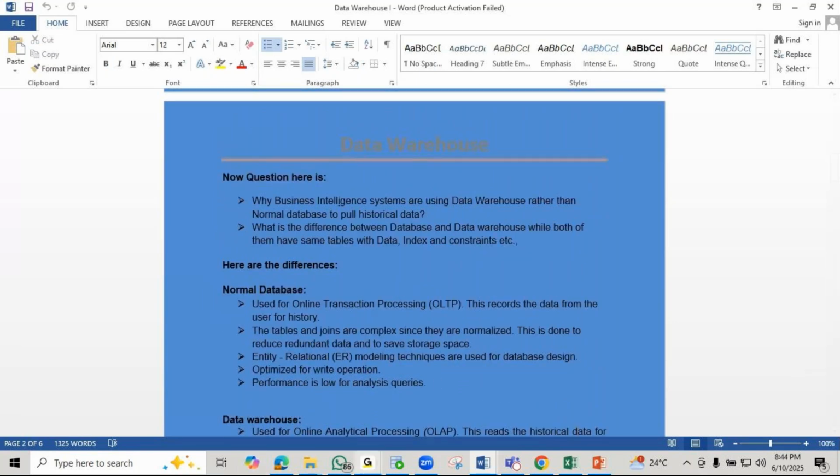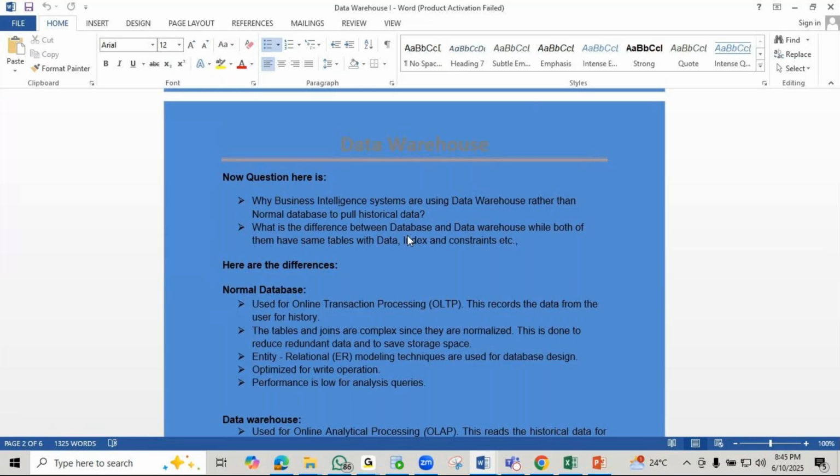Why are business intelligence teams using a data warehouse rather than the normal database to pull historical data? What is the difference between a database and a data warehouse, while both have the same tables, same data, same index, same concept? Then what will your answer be? Due to storage capacity only, guys.